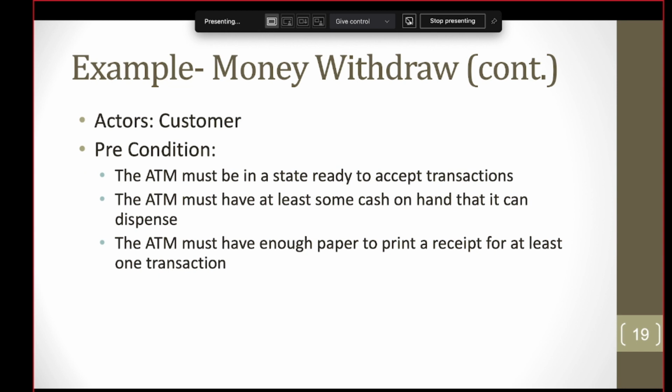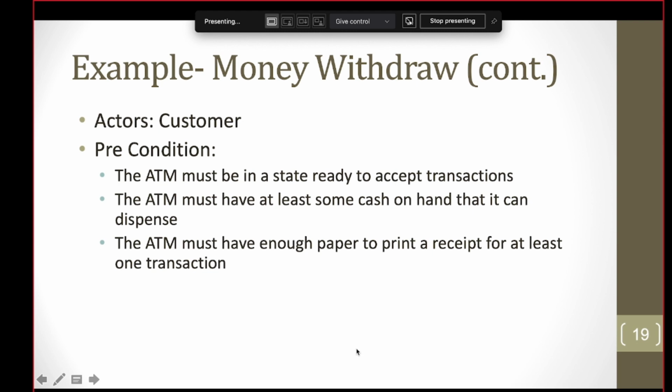So next, who are the actors for this? The customer. Okay, and preconditions. The ATM must be in a state ready to accept transactions, must have some cash on hand that it can dispense, and must have enough paper to print a receipt for at least one transaction.